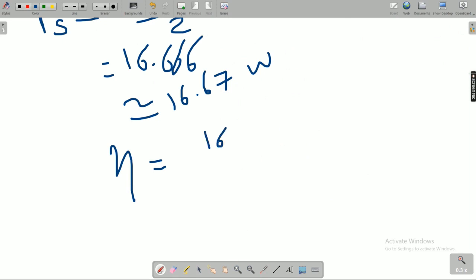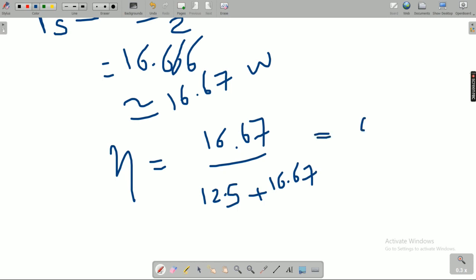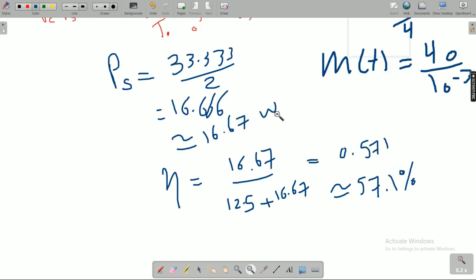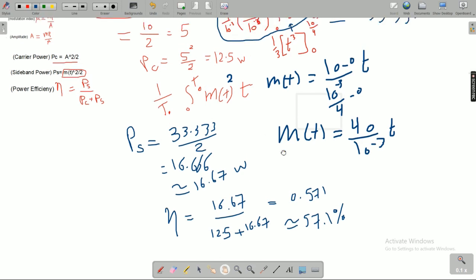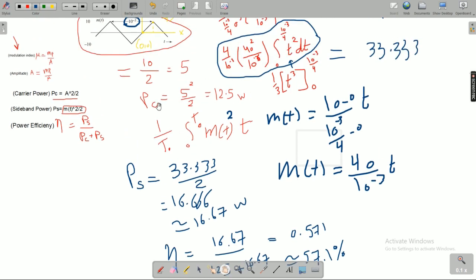So it will equal 16.67 over the carrier power, which is 12.5, plus 16.67, which will equal 0.571, I guess, which is approximately 57.1%, if we want to get the efficiency in percentage. And this is the problem. It's an easy and straightforward one. We just need to know these concepts and the formula of each one.